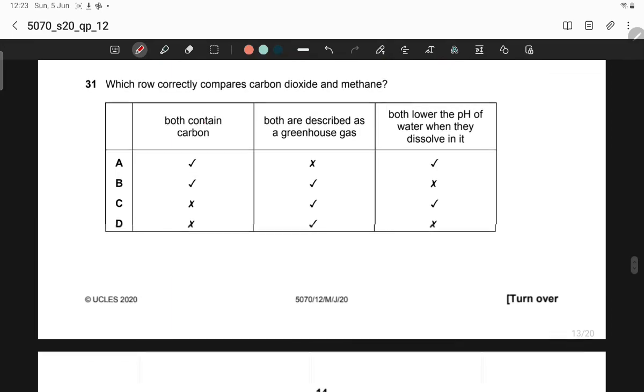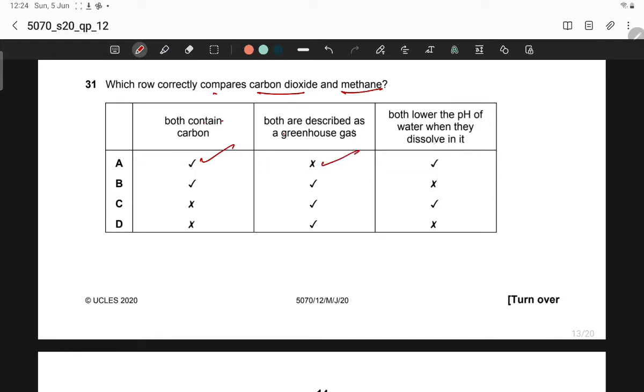Question number 31. Which row correctly compares carbon dioxide and methane? Both contain carbon, yes, correct. Both are described as greenhouse gases, this is also correct.